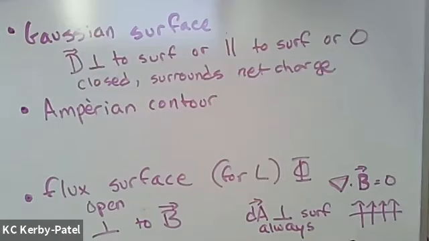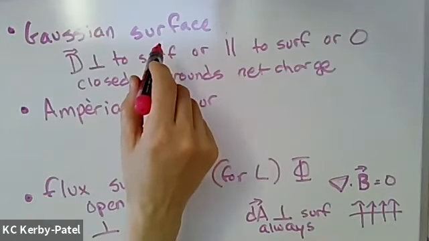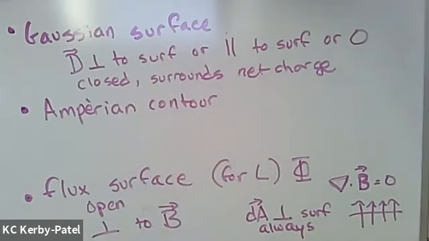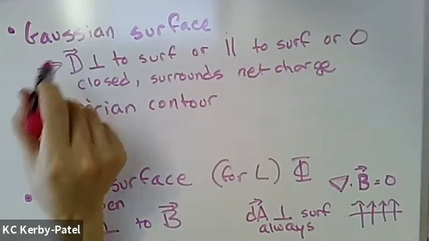This is the sort of thing you want to see down here in the bottom right corner. That's what you want to have happening when you're doing a flux surface. Gaussian surfaces are also flux surfaces. They just happen to be closed. This is a flux integral, electric flux density right there.